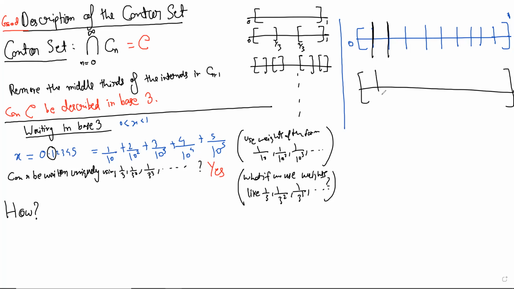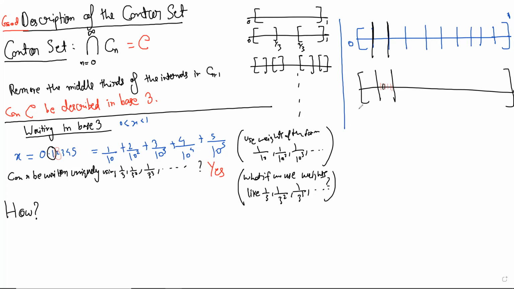I just pretend that I'm dividing it again, like this. And then because the next digit is a 2, it lies in the third one.